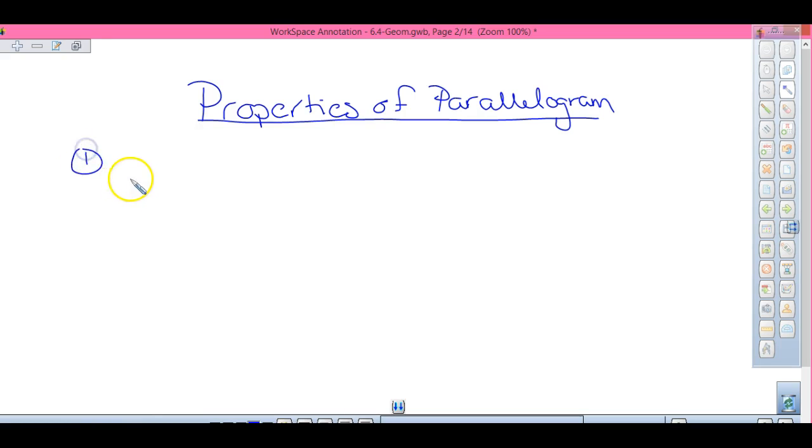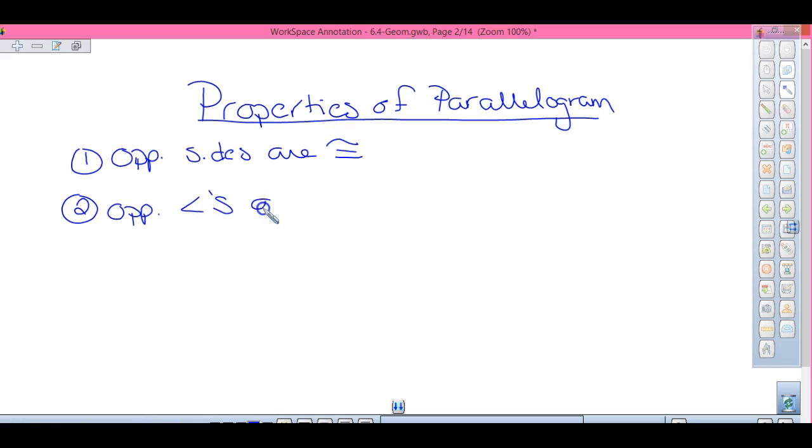Somebody give me one. Opposite sides are congruent. Opposite angles are congruent. Three, opposite sides are parallel.